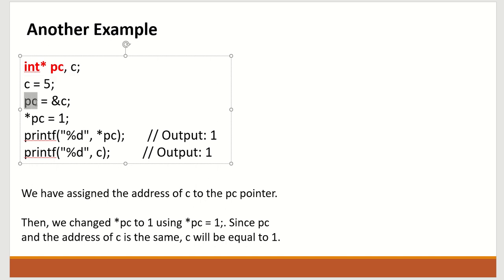Because our pointer is pointing to the address of c, and because of the asterisk sign, we have changed the value of that address from 5 to 1. So when you print, it will give you output 1 for this, and for this statement also it will give you 1. So we have assigned the address of c to the pc pointer, then we change *pc to 1 using *pc equal to 1. Since pc and the address of c are the same, c will also be equal to what? 1.